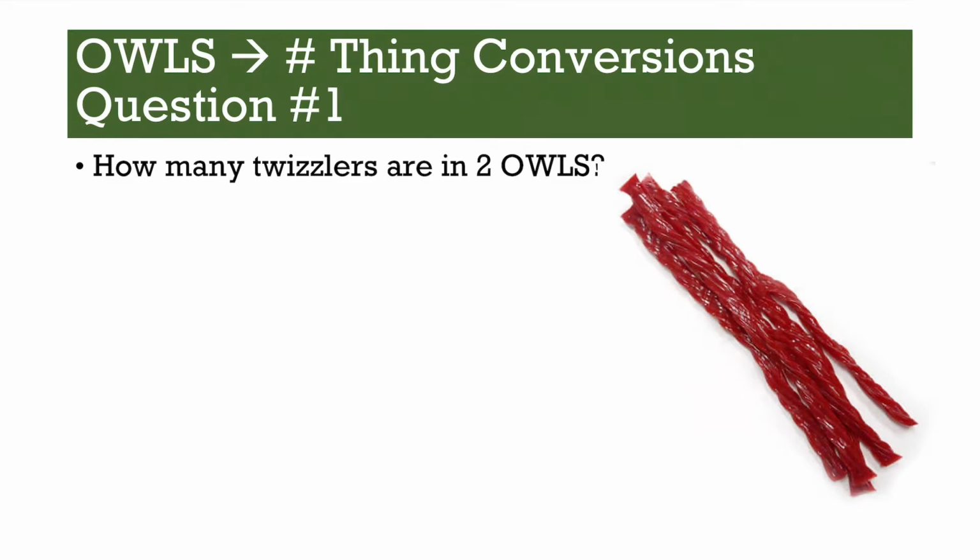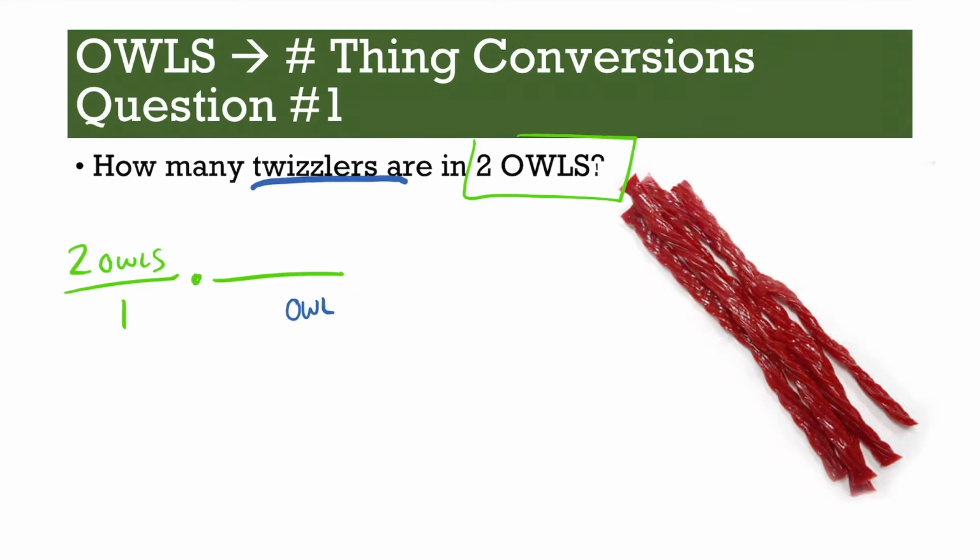So if we think back, we want to figure out what we're starting with, which is 2 owls, and we put it over 1. So it's always your first step: find what you're starting with, put it over 1. Okay. And now we want owls to cancel out, and we want to figure out how many Twizzlers we have.